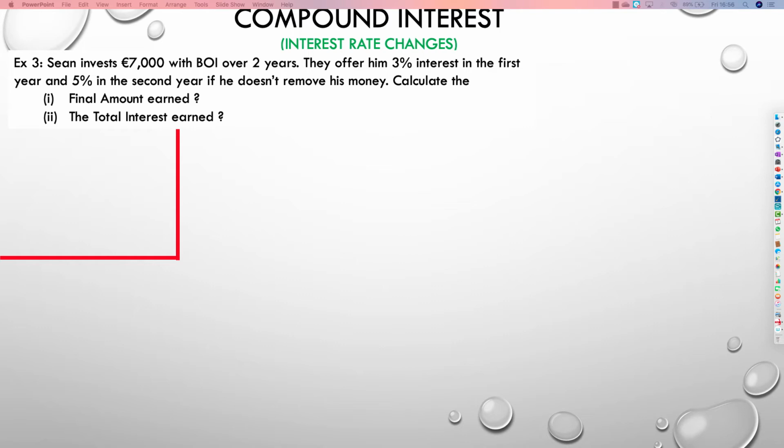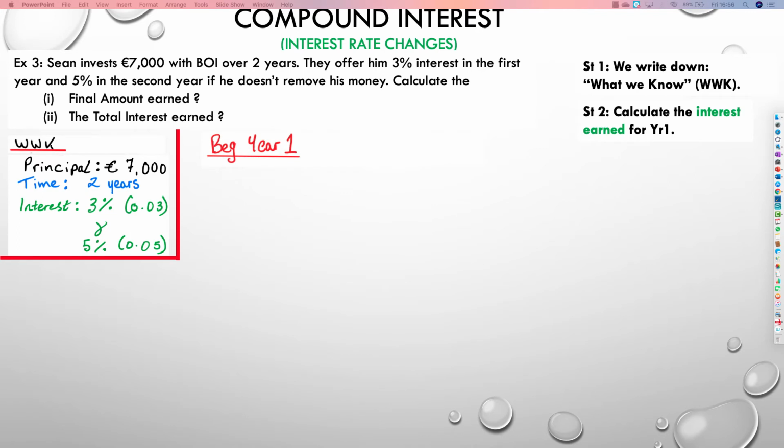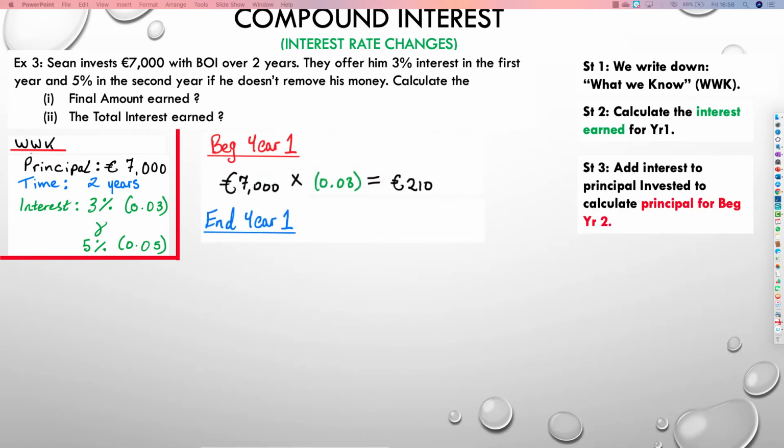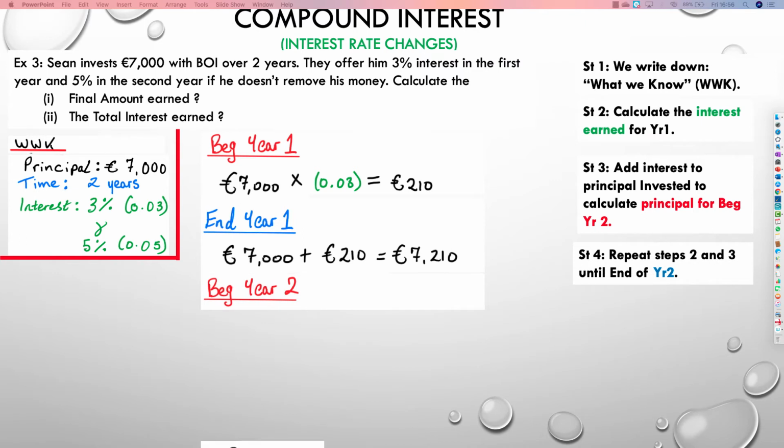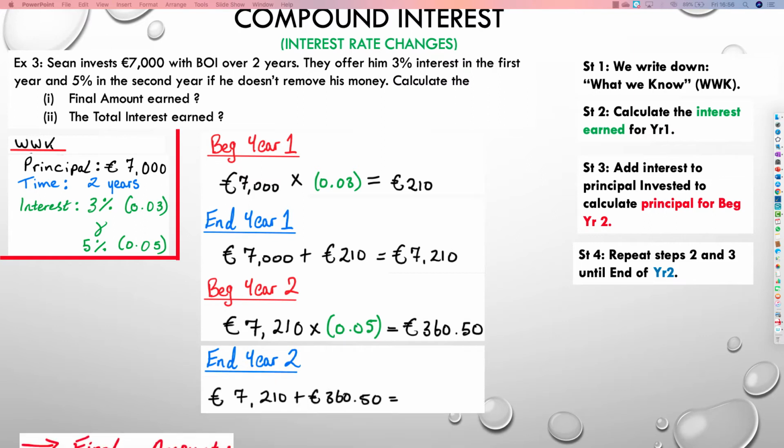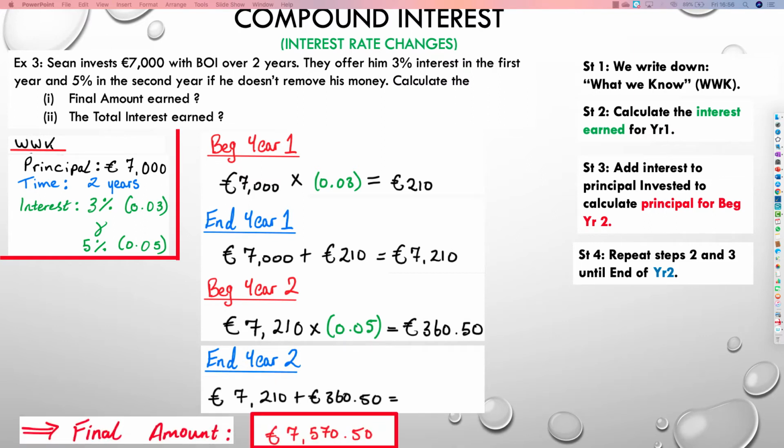So here, you take your €7,000 and multiply it by 3% for the first year, and you get €210. So that's €7,210. In the second year, you make 5% interest. So that's €7,210 multiplied by 5%, which is €360.50. That means you end up with €7,570.50.